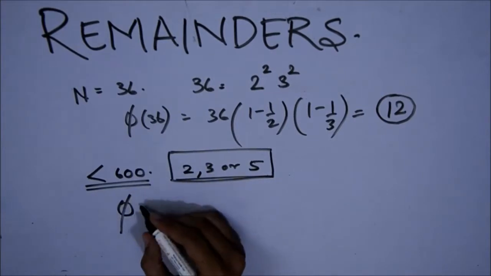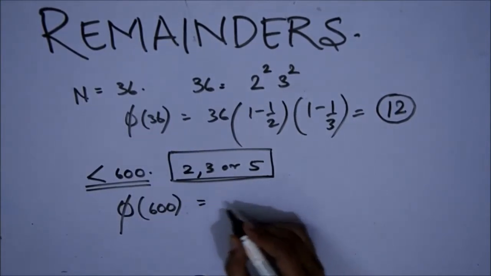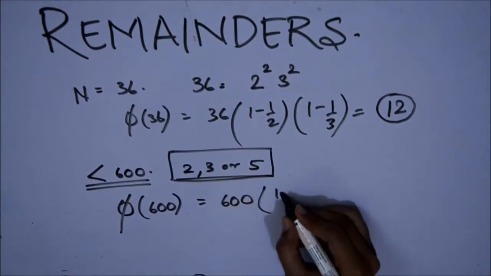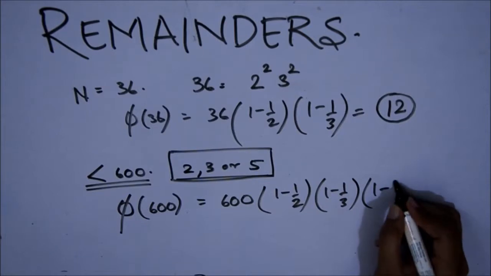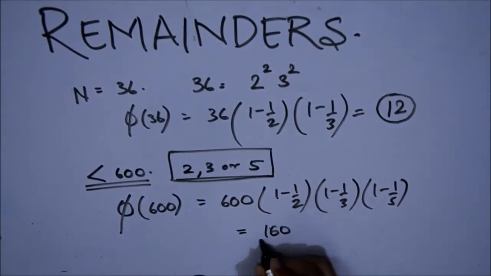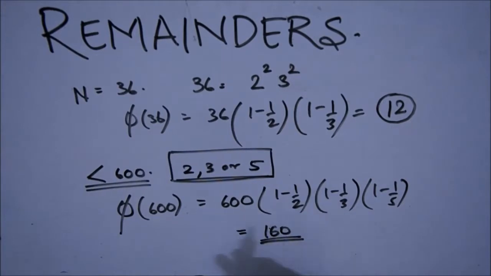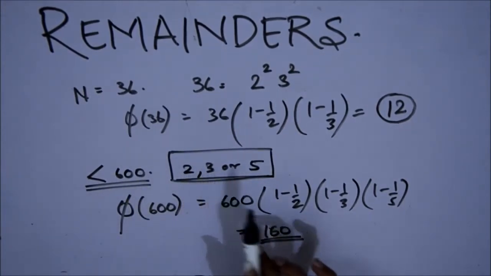Hence the number of numbers can be easily calculated as phi of 600, which will be equal to 600 into (1 minus half), (1 minus 1 by 3) and (1 minus 1 by 5). This will give you 160. So this will be the number of numbers less than 600 and not divisible by 2, 3 or 5.